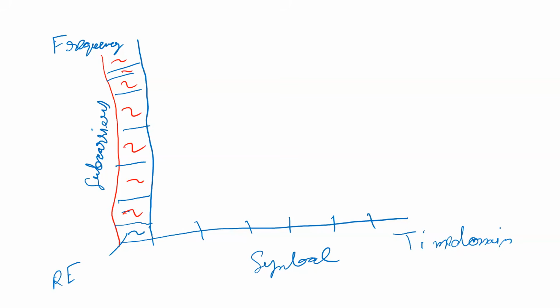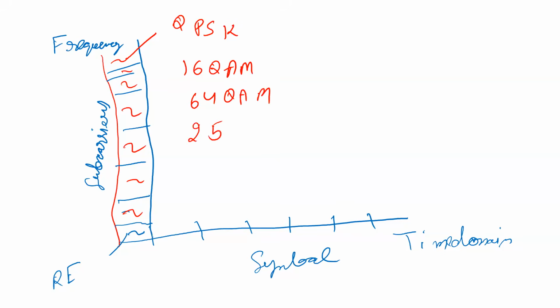And this modulation can be QPSK, it can be 16 QAM, it can be 64 QAM, it can be 256 QAM. So what is this thing?